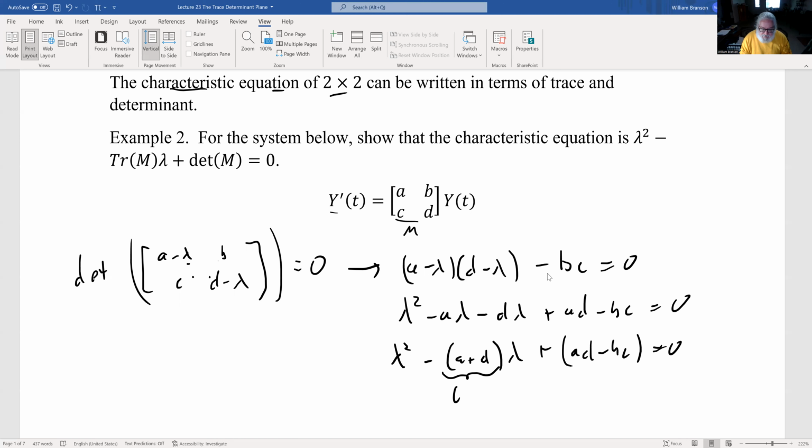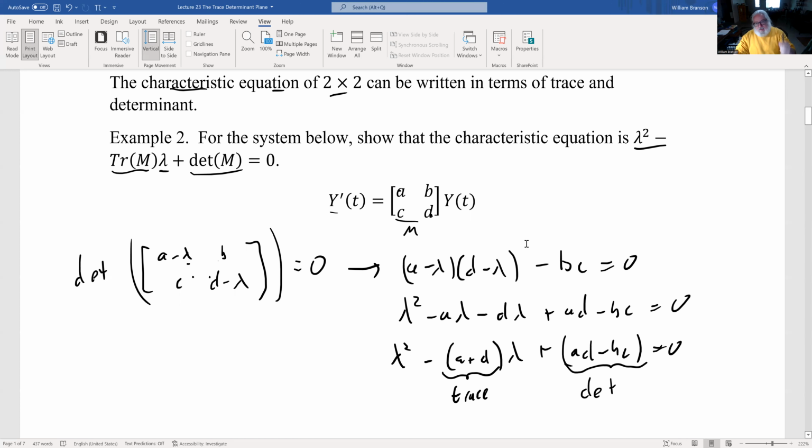A plus D is the trace, and AD minus BC is the determinant. So lambda squared minus trace of M times lambda plus determinant of M equals 0. So that's the characteristic equation.